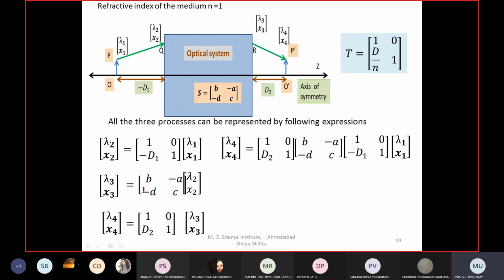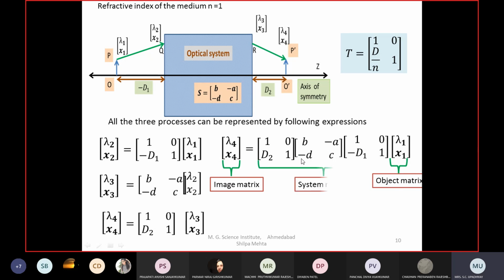So substituting all these equations, we get this type of equation in which on the right hand side lambda 1 x1 is the object matrix and on the left hand side we have the image matrix. In between, whatever the three matrix multiplication is there, it is called the system matrix. So this system started from this point and ends here.